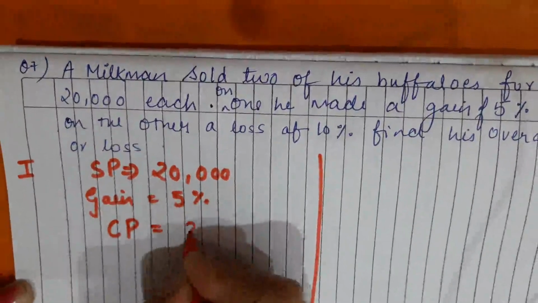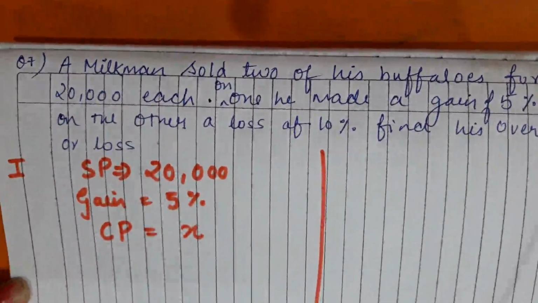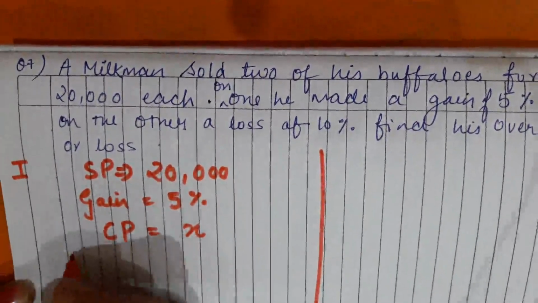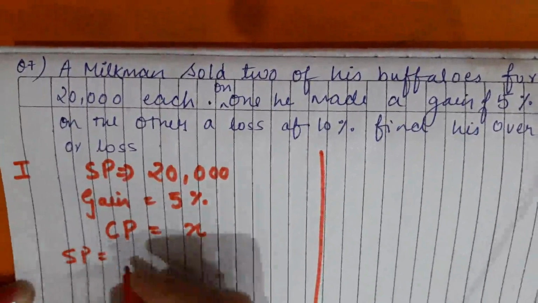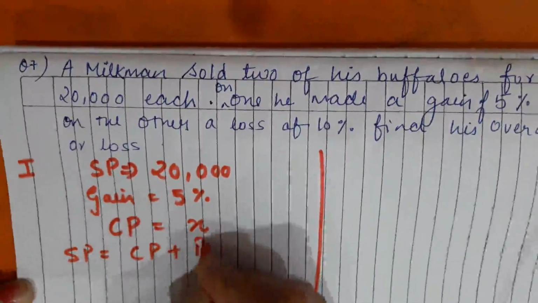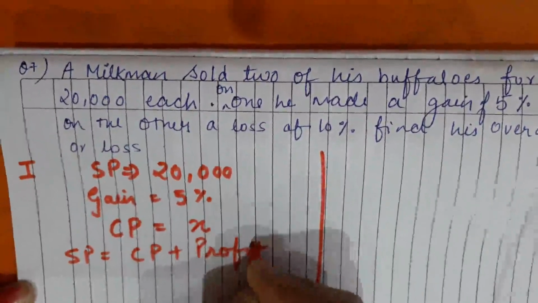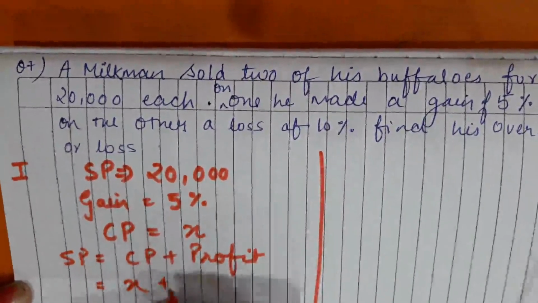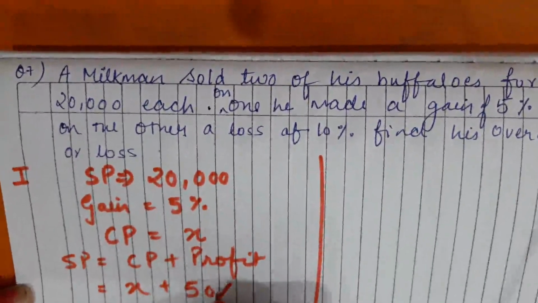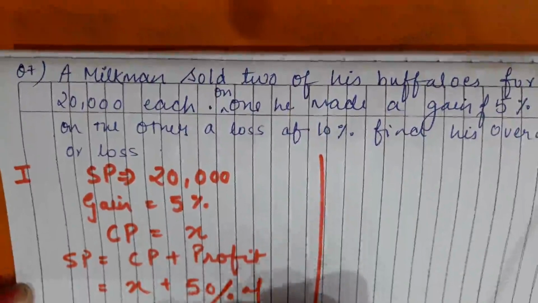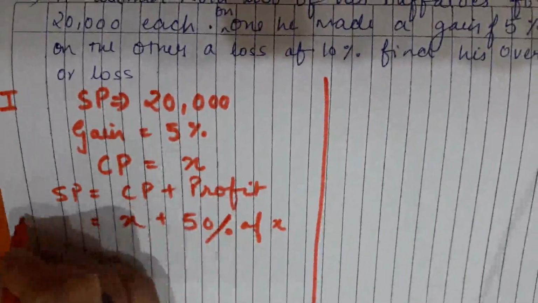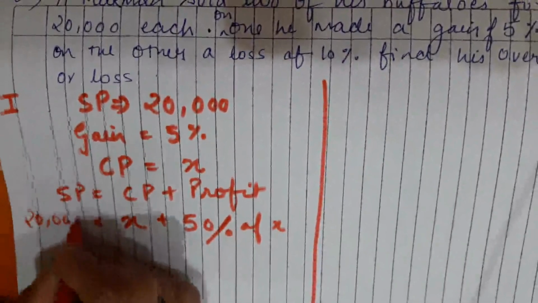Let it be X. Okay, so let's make the formula: SP equal to CP plus profit. CP is X, profit is 5% of X. Now SP is 20,000.